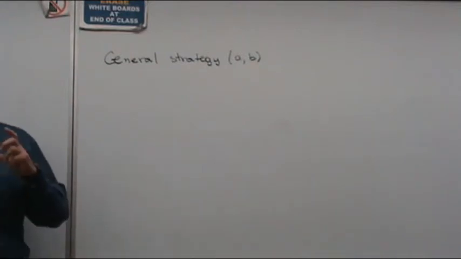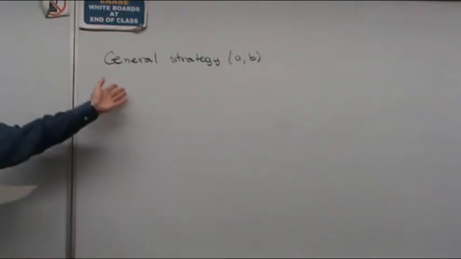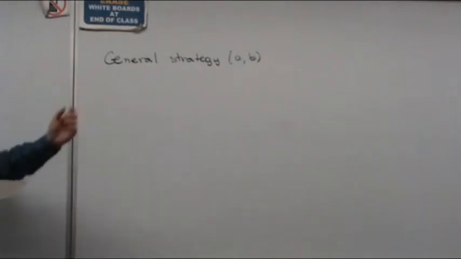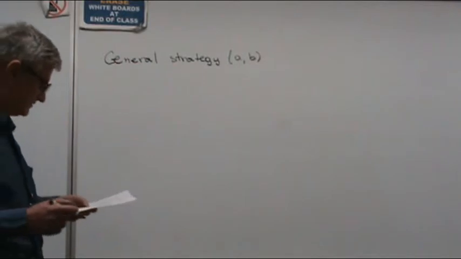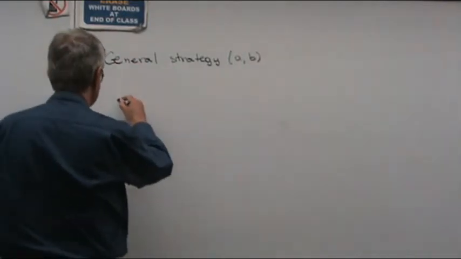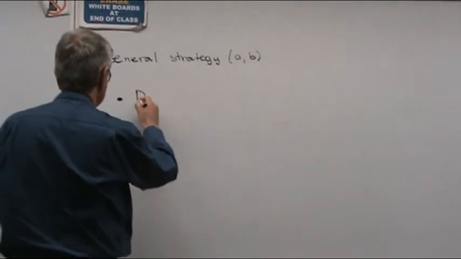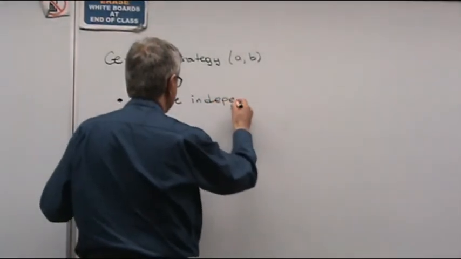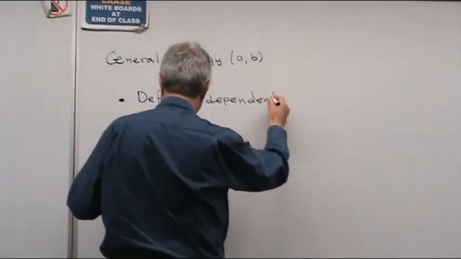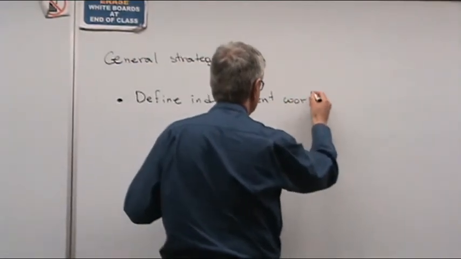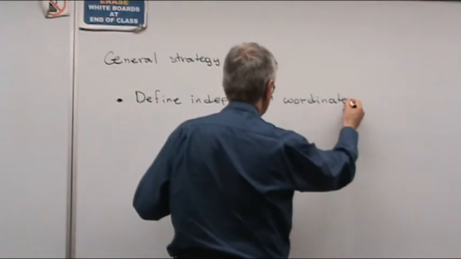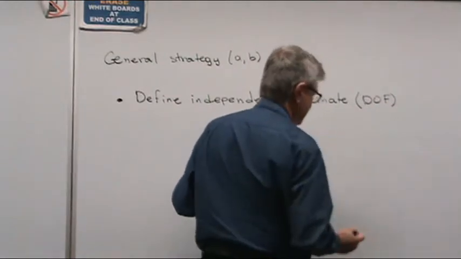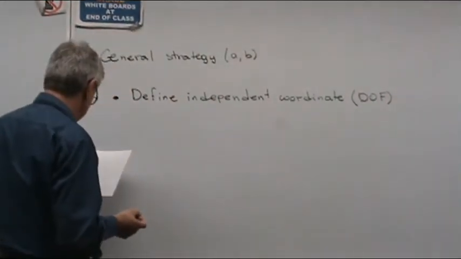And although if you use the method correctly, you will find the correct equation with any choice, sometimes the choice can make your life easy or difficult. So the first step is define the degree of freedom or independent coordinate. This is called also degree of freedom, or if you have many, degrees of freedom.